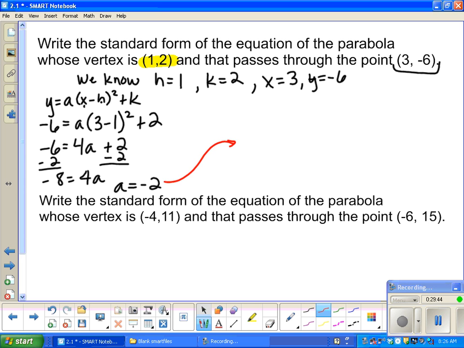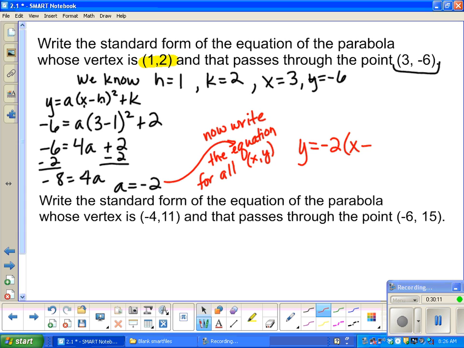So now we're going to write the equation for all x, y. So for all x, y would be y. What's our a? -2. For all x, then it's minus our h plus our k.